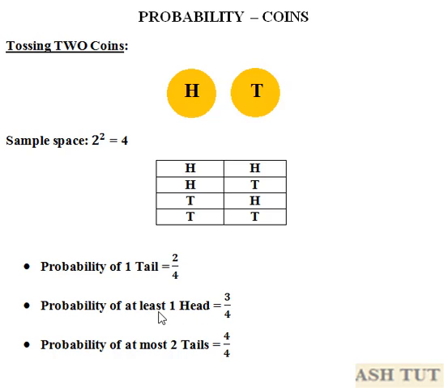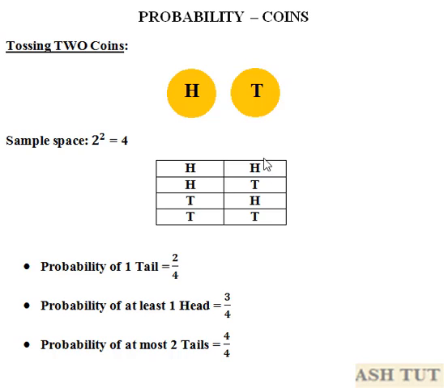And now the next question is probability of at least one head. Here you have to understand the meaning of at least and at most. At least means minimum 1. At least 1 means minimum value is 1, but maximum it can be anything. In this case, in this set we have one head, and in the third set we have one head, but in the first set we have two heads.